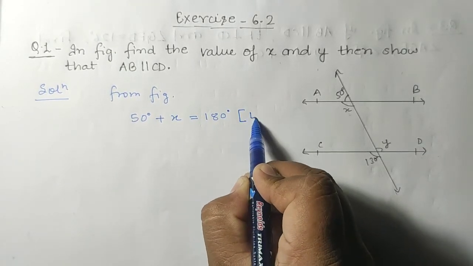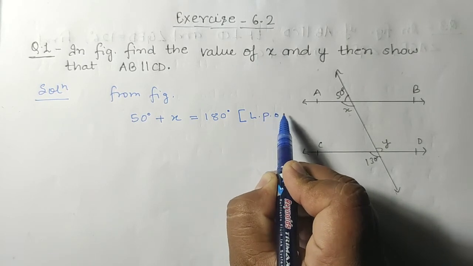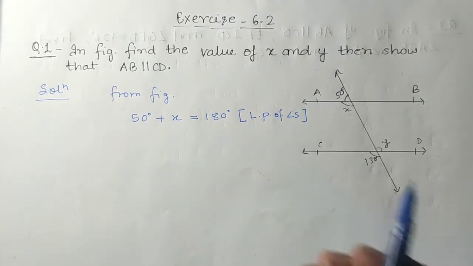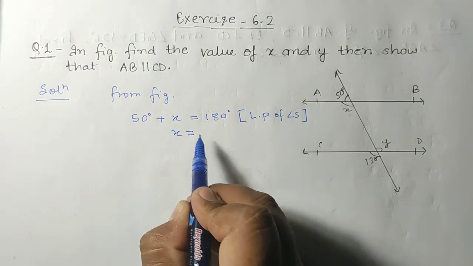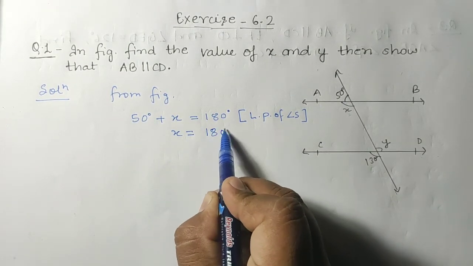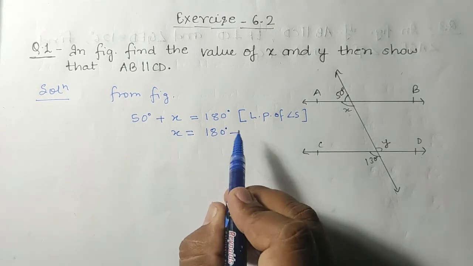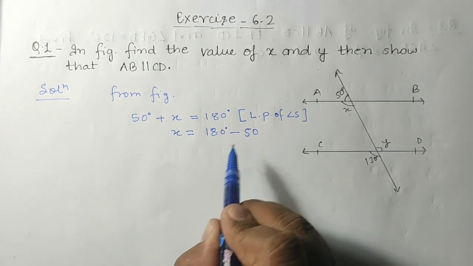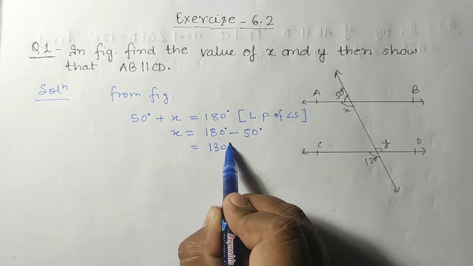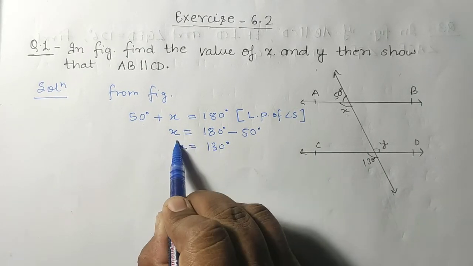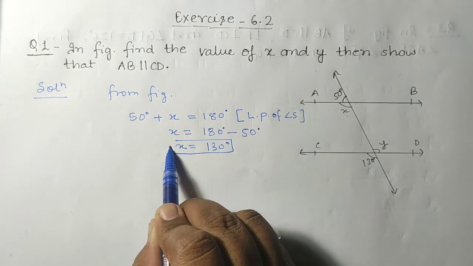The reason behind it is linear pair of angles. So from this we can find the value of x: it will be 180 degree minus 50, which is 130 degree. So the value of x is 130 degree.